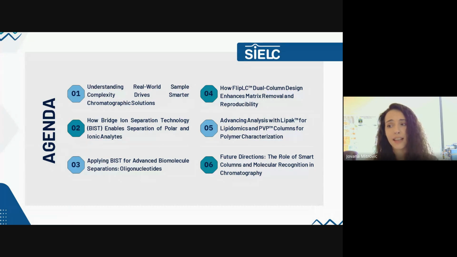Next, we'll discuss advanced biomolecule separations with BIST and oligonucleotide-specific innovations. We'll also explore HPLC, our dual-column approach for matrix cleanup, and showcase advanced mixed-mode columns like LIPAC and PVP. And finally, we'll look ahead to the future, the role of smart columns and molecular recognition in chromatography.